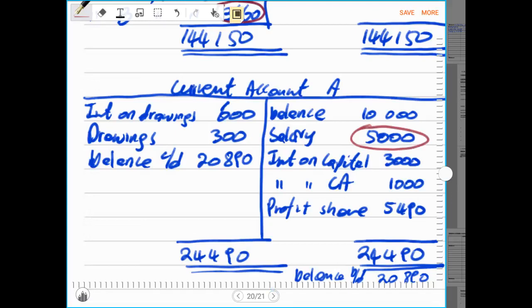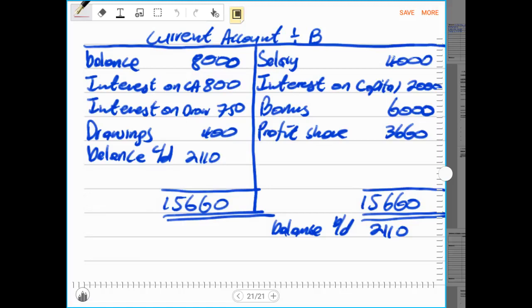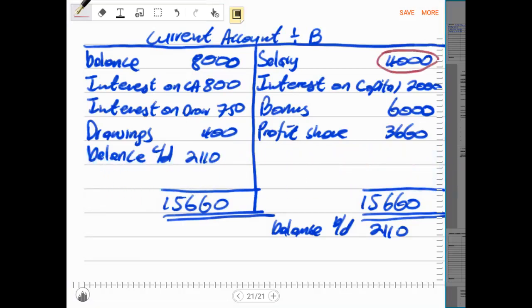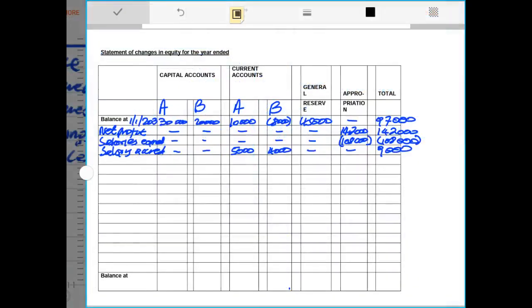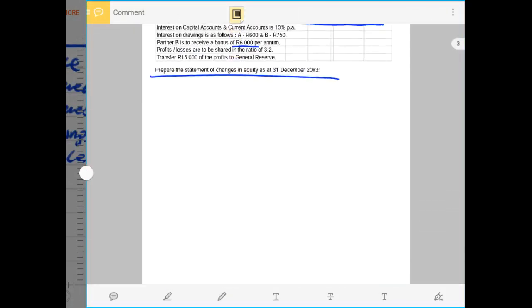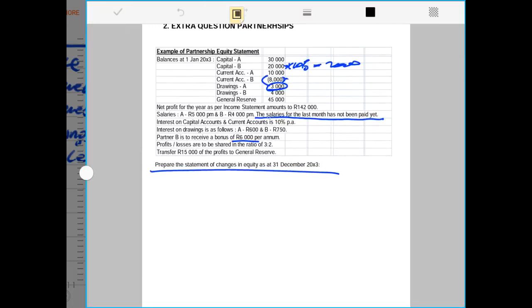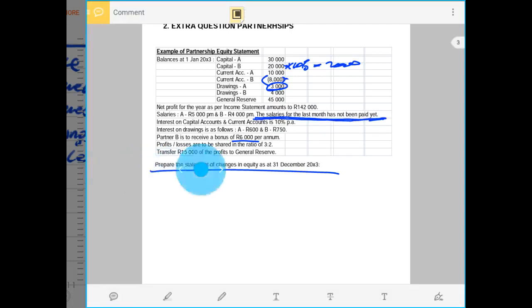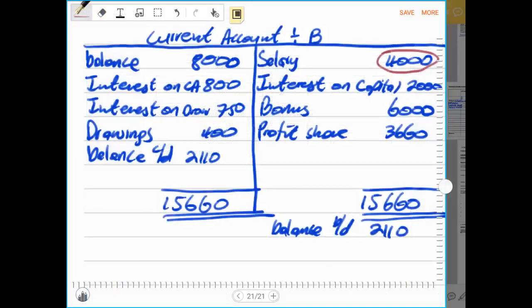Same as the second current account, we recorded only the salary that was still accrued of 4,000 rands, because of the statement that said salaries for the last month have not yet been paid. So we only record in the current account expenses that are not yet paid. When an expense gets to be paid, we don't record that again because it was already recorded and taken into account.